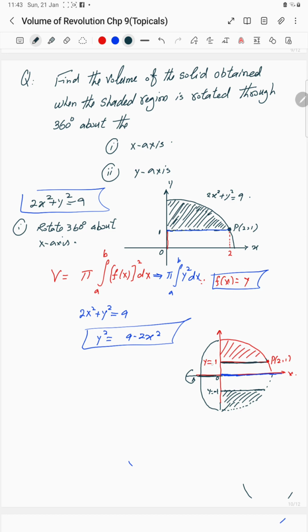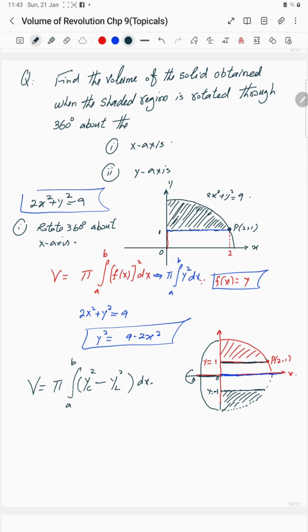So we can change the formula: pi times the integral along the axis, the limits remain the same, a to b, of y squared of the curve minus y squared of the line, dx, so the function of the line is subtracted from that of the curve to get the answer.